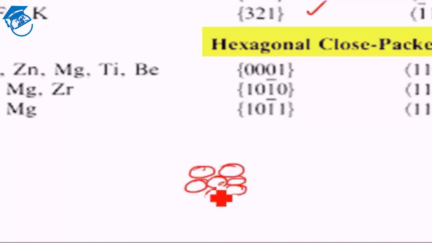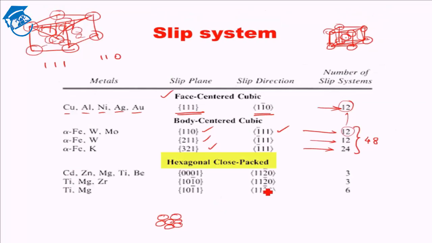This is the close packed plane, and in the close packed plane we had the 2 bar 0 direction, that is the close packed direction. But the catch here is the total number of slip systems that we can get out of it is only 3, right?